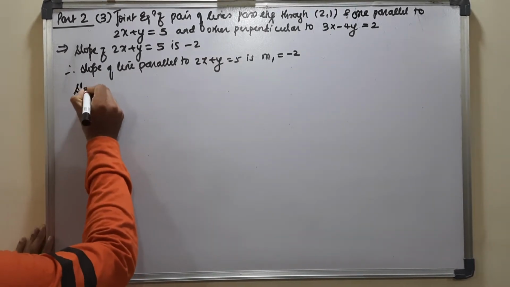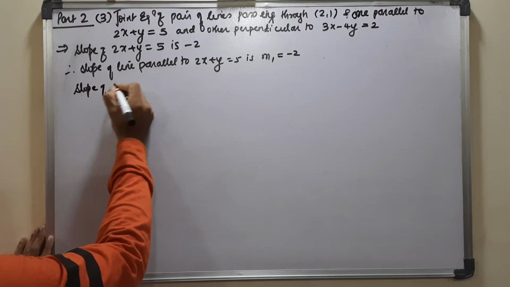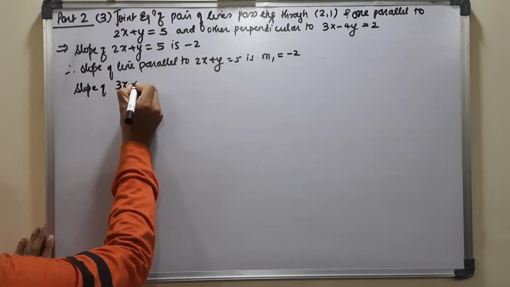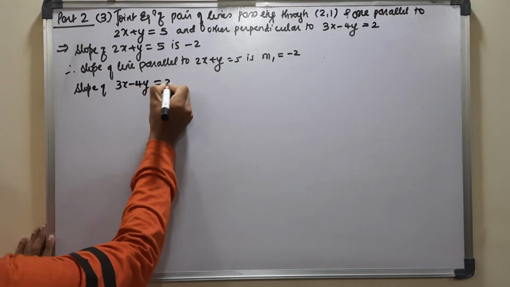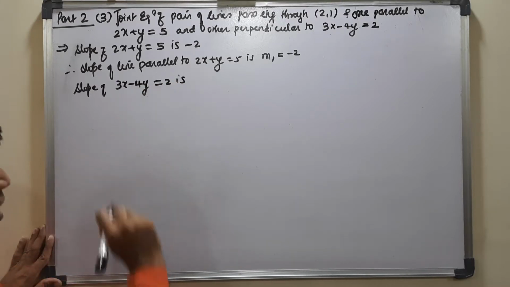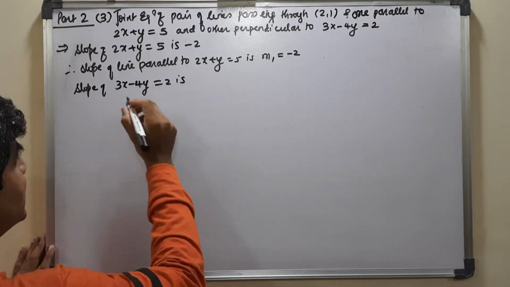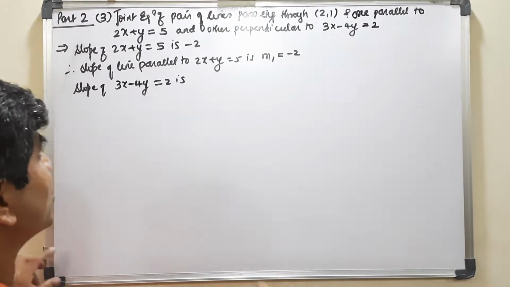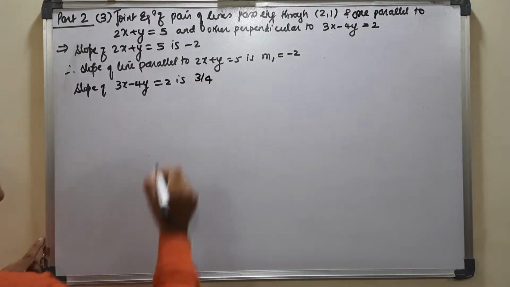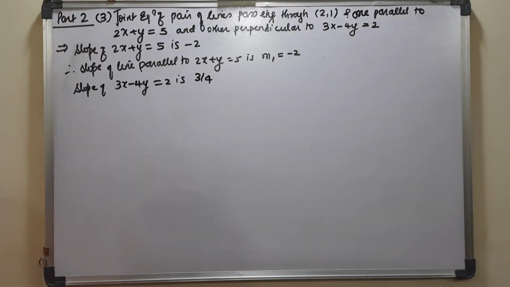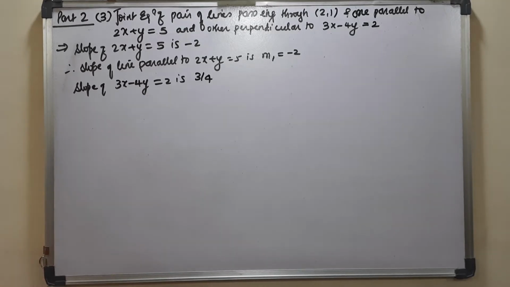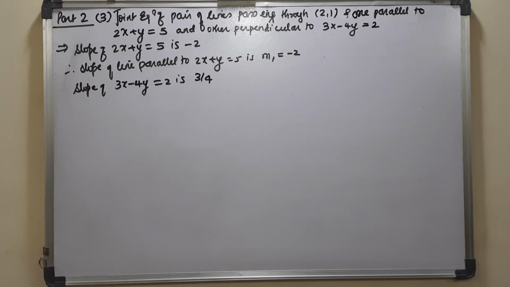What is the slope of the line given as 3x minus 4y equal to 2? It is minus a upon b, that is minus 3 upon minus 4, that is 3 by 4. So for the line perpendicular to it, obviously the slope will be the negative reciprocal.